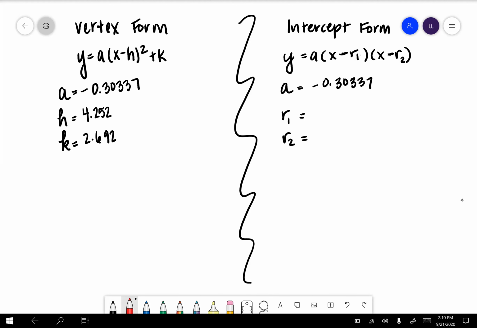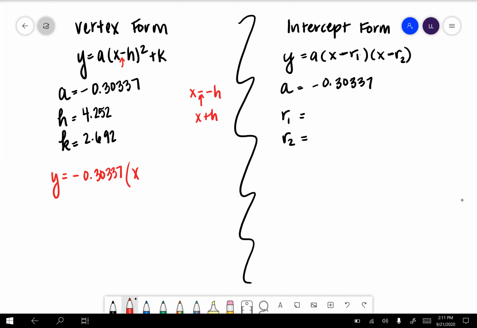So y is equal to negative 0.30337, parenthesis, x, my h is positive. Therefore, I do not have to change the sign. Meaning, if h was negative, because there's already a negative right here, it would have produced two negatives, which would give me an x plus h.